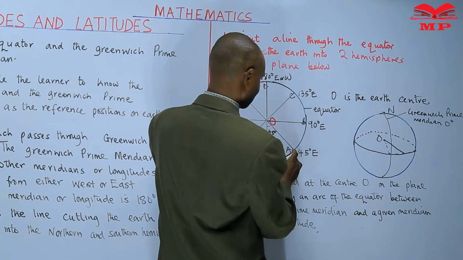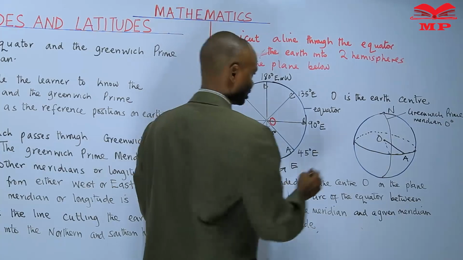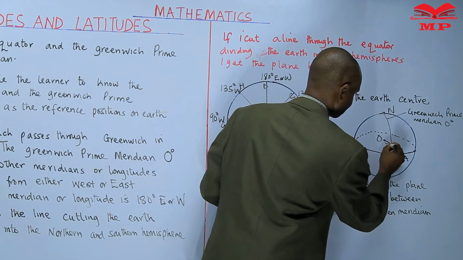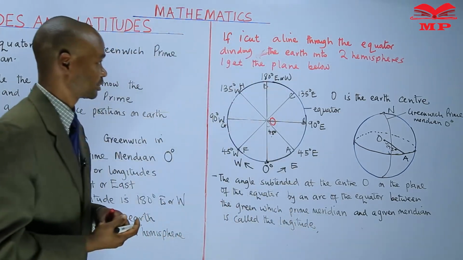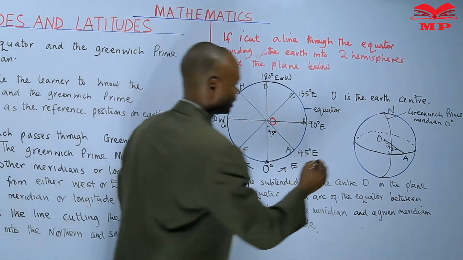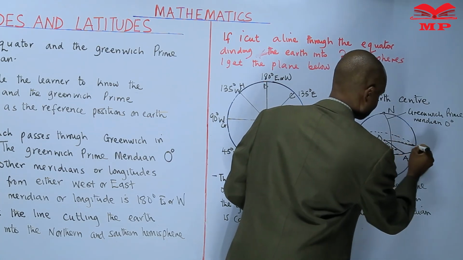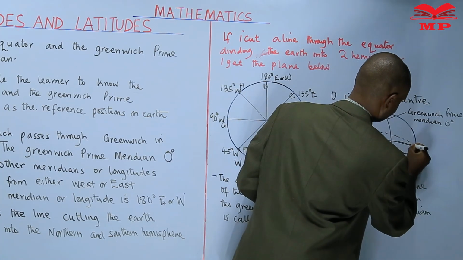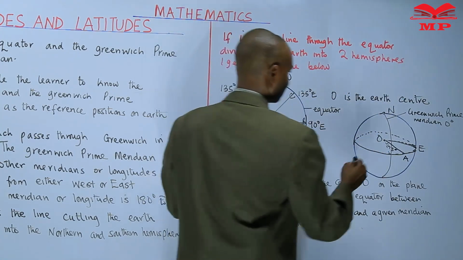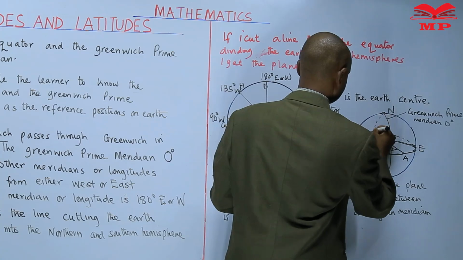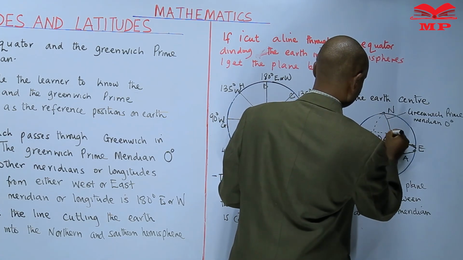If I want to get position A, it's actually here, and it's 45 degrees. It has been measured from the Greenwich prime meridian. If I want to get E, that will be the position of E. If I want to get C, I can just prolong that. C will be somewhere there.